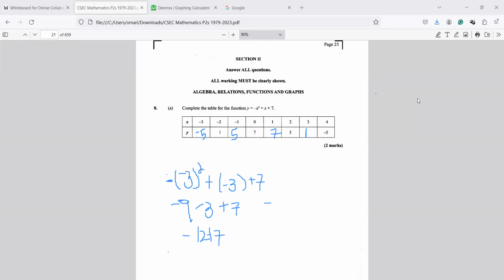All right, any questions, guys, based on the working out to find the y values? Pretty straightforward. All right, good. So that's basically it to find your x or y values, depending on what you're asked to find.